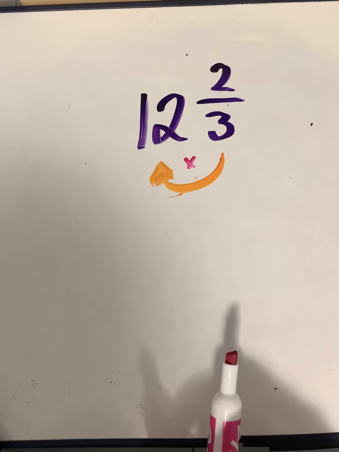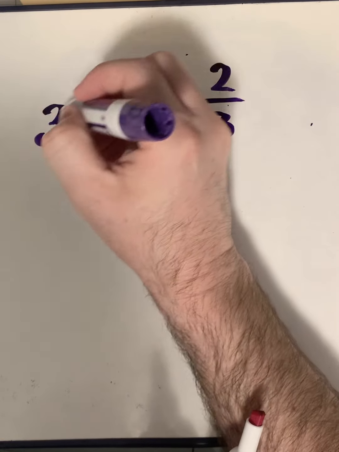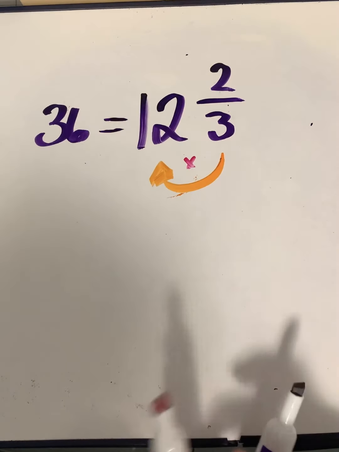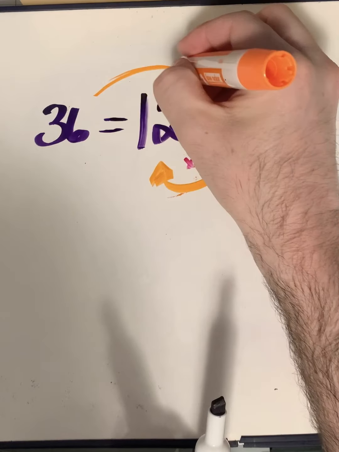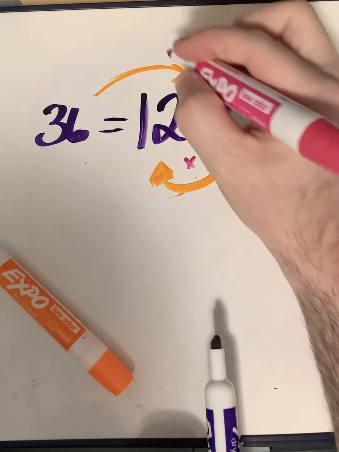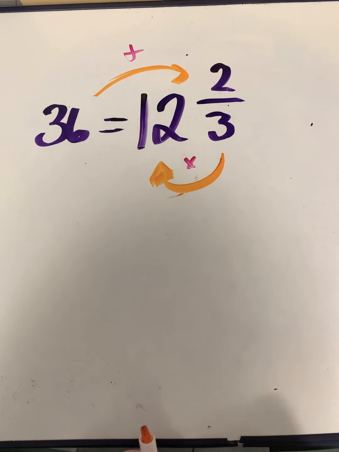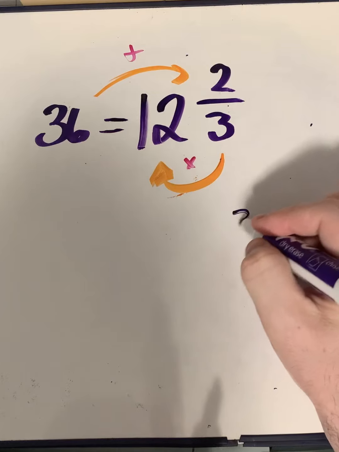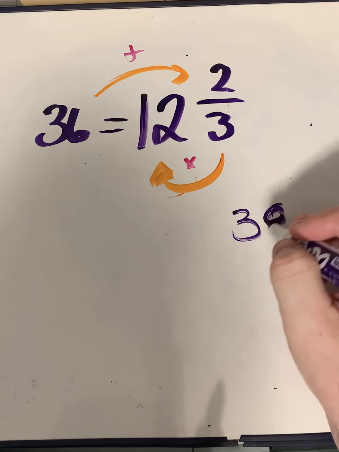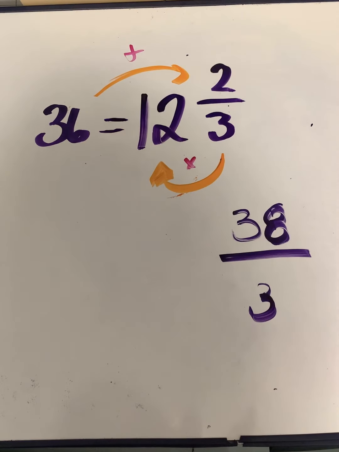So that gives me 3 times 12 equals 36. I'm going to take that number and add it to the numerator, and 36 plus 2 is 38. I keep my denominator, I just bring it down, and it's 38 over 3.